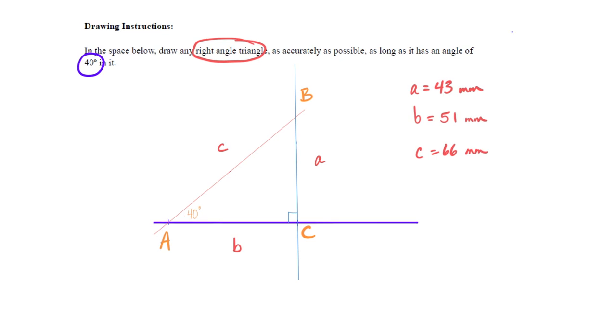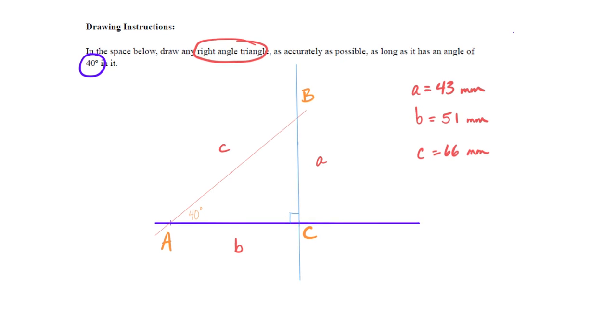The reason I can see, I know that those are 3 sides of a right triangle. They have to meet the requirements of the Pythagorean theorem. So if I did a quick check on does my hypotenuse squared equal the sum of the squares of the other 2 sides, I'm going to find out pretty quickly it doesn't. If I take 43 squared and I add it to 51 squared, I get 4,450.